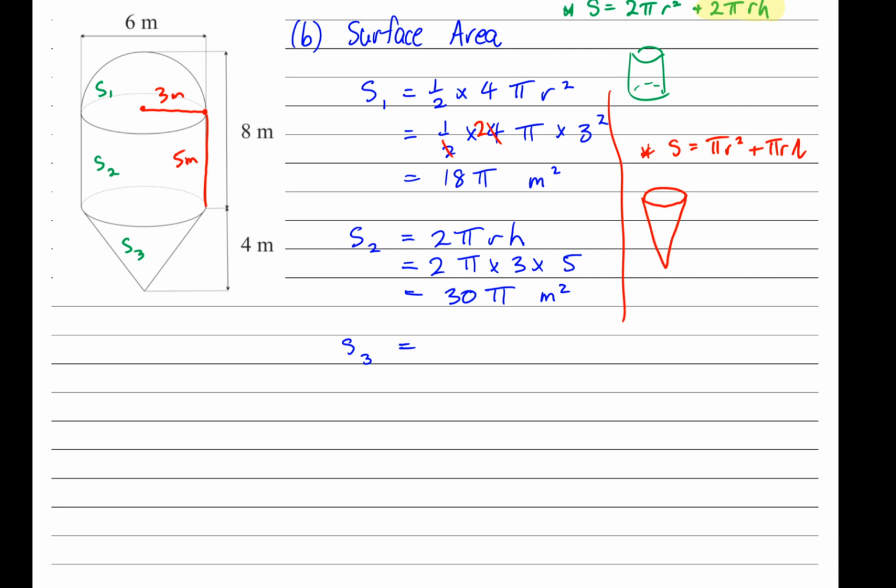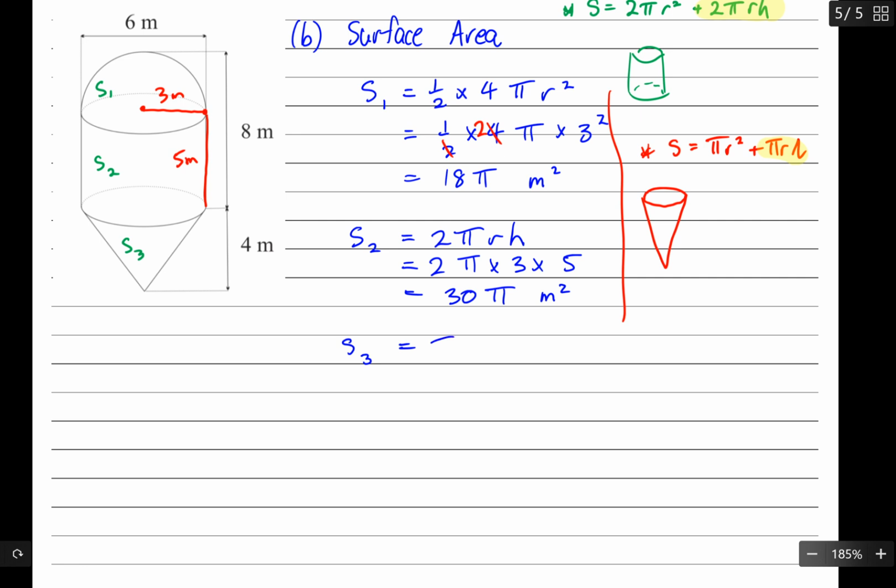Okay, you need to know how to use it. Pi r squared represents the top circular face. Pi r L represents the curved surface of the cone. Okay, so in this situation again, that circular face is not part of the solid, so I'm only interested in this pi r L. Okay, so that's the bit that we want.